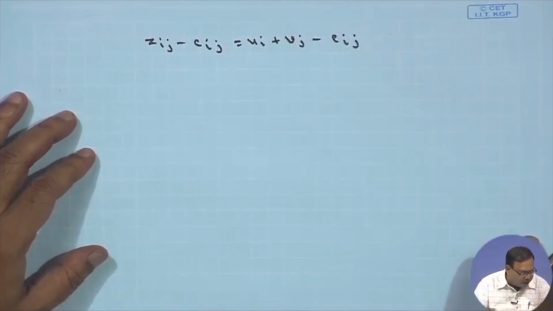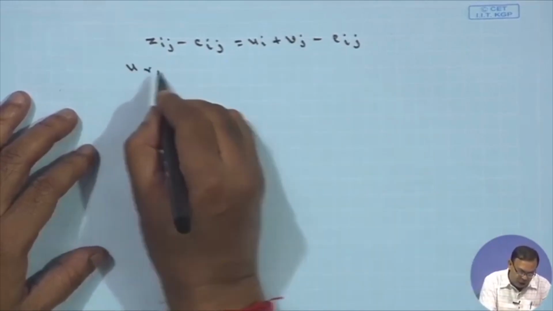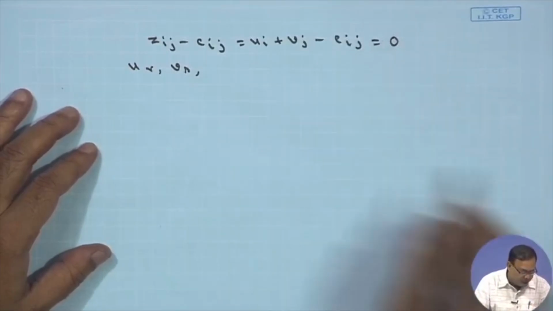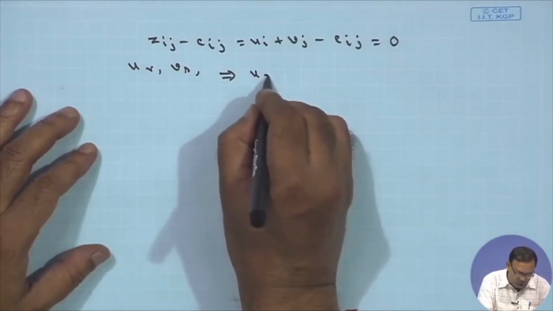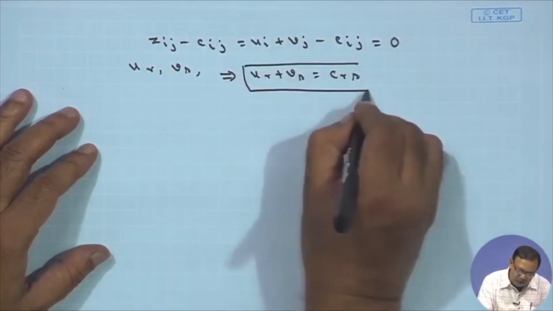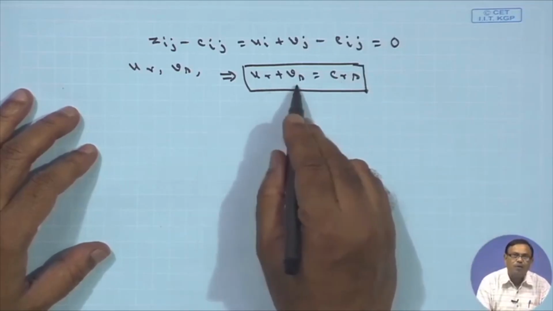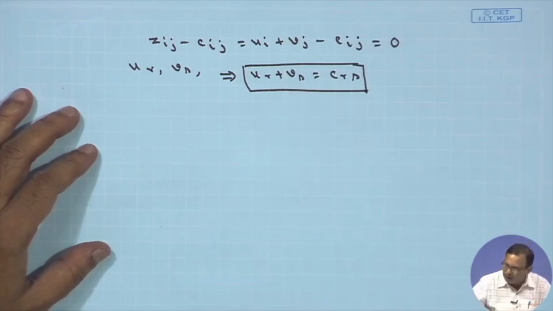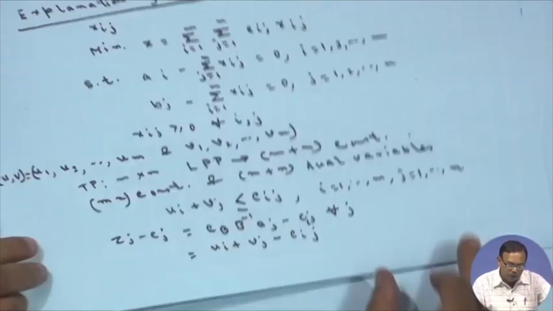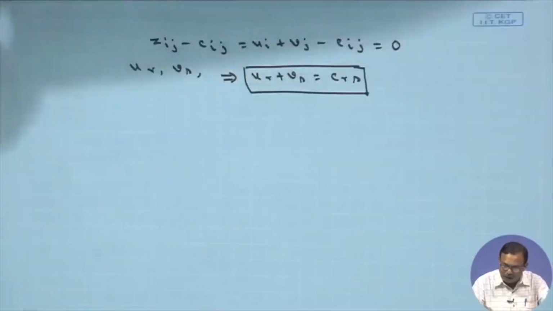And we know that for basic cells, if a particular cell (r, s) is to be basic, then this value should be 0, which implies u_r plus v_s equals c_rs. So, we will use this concept, c_rs equals u_r plus v_s, where u_r and v_s are the dual variables corresponding to these two constraints.